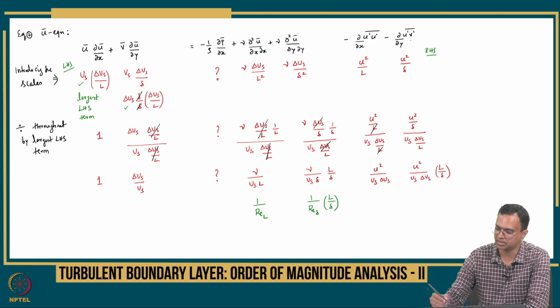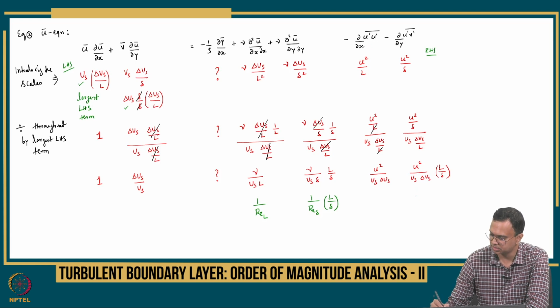So this last term is nothing but this one. If you see, it's dou by dou y. In a boundary layer, the wall normal gradient of your Reynolds shear stress, dou by dou y part is becoming larger than the dou by dou x term. So this is the largest turbulent term here, because L is at least an order of magnitude larger than delta. So this is the largest turbulence term.